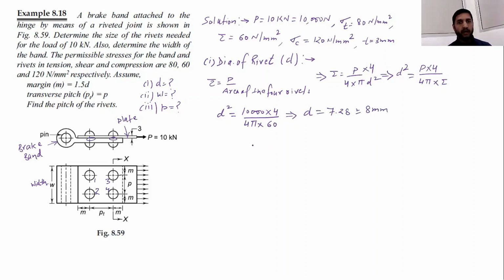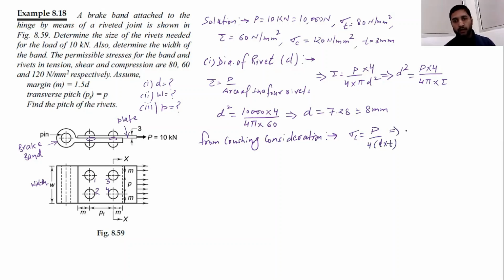Apart from that, you can also check the diameter of the rivet, or you can also find out the diameter of the rivet from crushing criteria. Suppose the rivet is going to fail by crushing stress. So from crushing consideration, for the diameter of rivet, crushing stress will be force divided by area of 4 rivets. So for 4 rivets, area will become d into t, as I explained earlier.